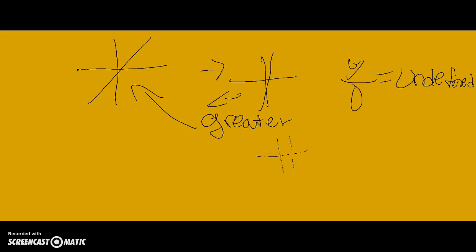The reason why we call this undefined: some might say that as it gets bigger, the slope gets infinitely steep, so it tends towards infinity, and this is equal to infinity. But the problem here is, what if we come from the other side with a negative slope?